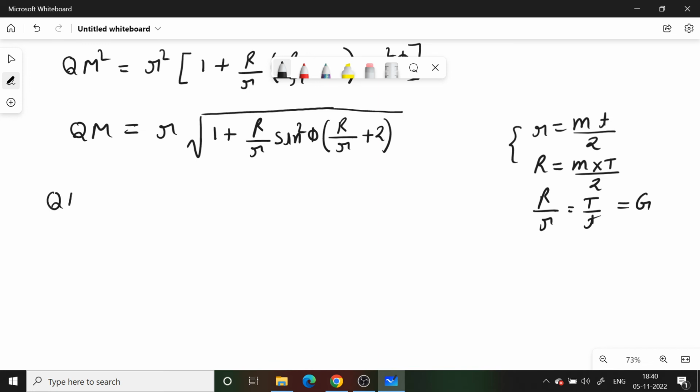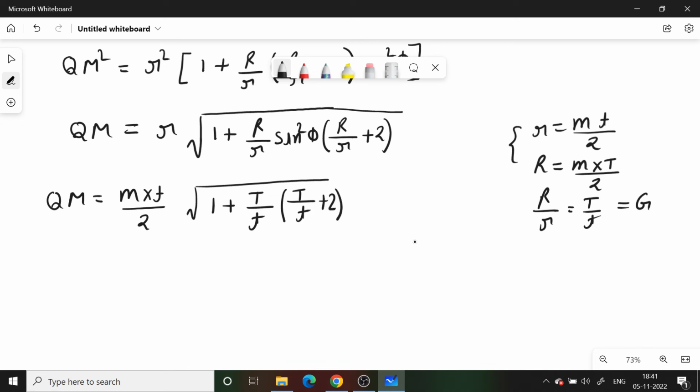So from here QM is equal to module into number of teeth on pinion divided by 2 in the bracket under root 1 plus capital T upon small t, capital T upon small t plus 2, sin square phi.